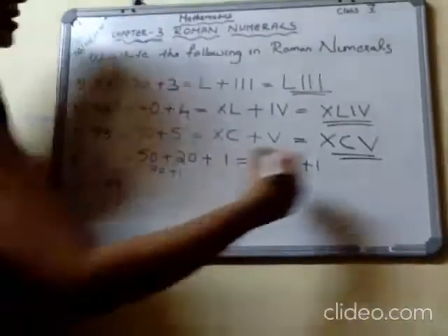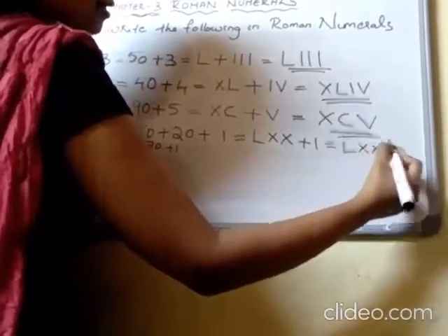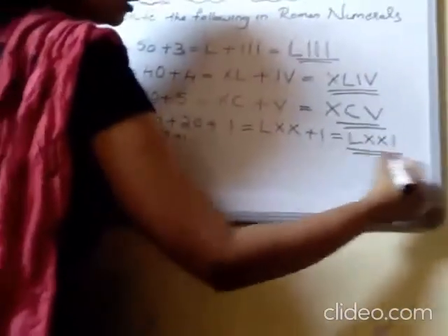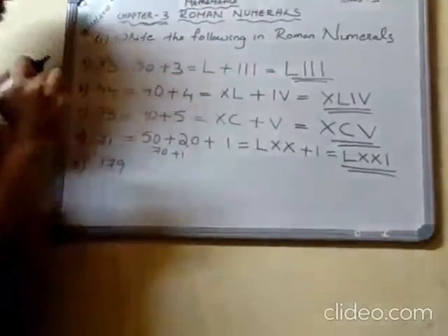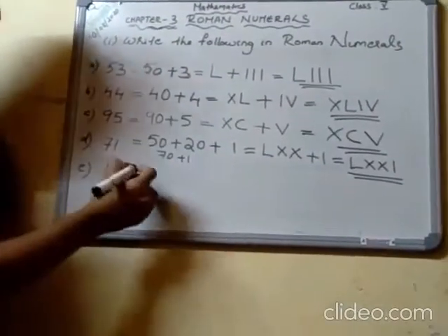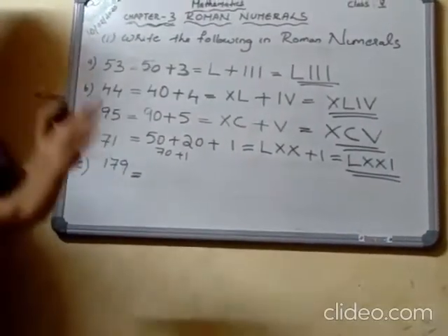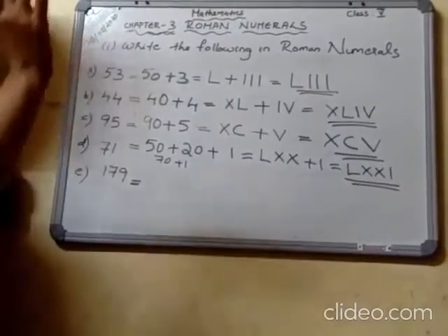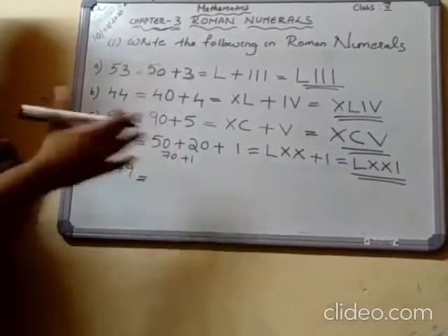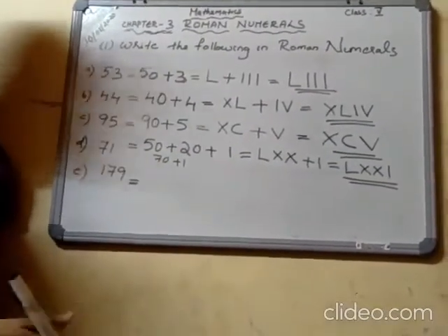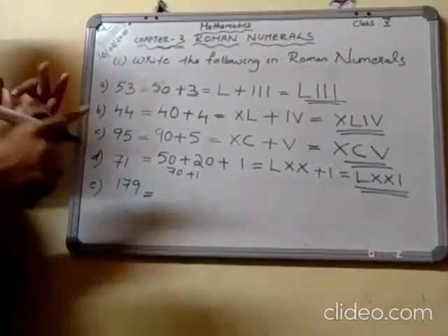So the Roman representation of 71 is LXXI. Is it clear? If you study the table, or the basic representation of tens, hundreds and ones, you can write any other Hindu-Arabic numeral in Roman numerals. It will be very easy for you. So study the Roman representation of ones, tens and hundreds. It is very important.